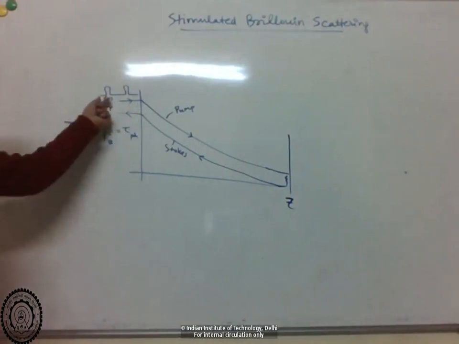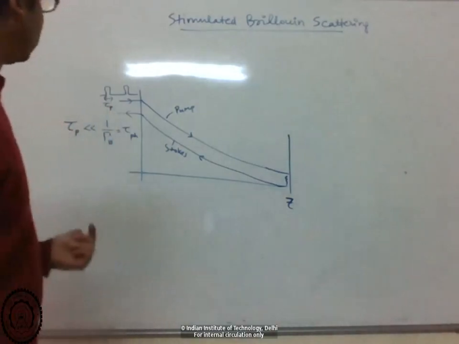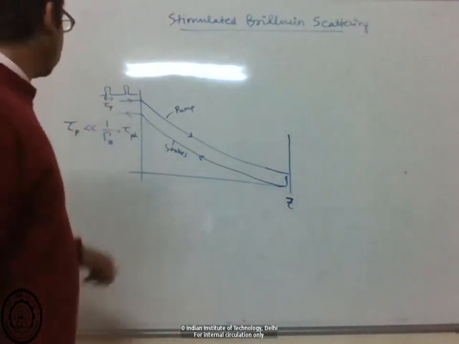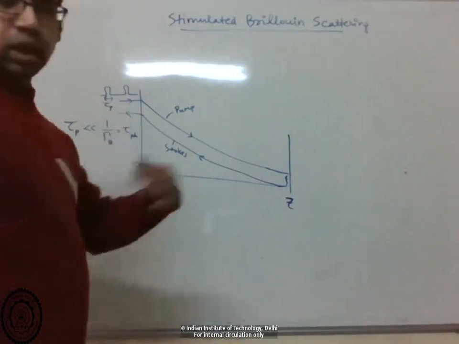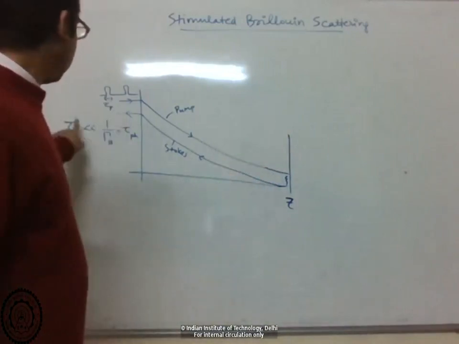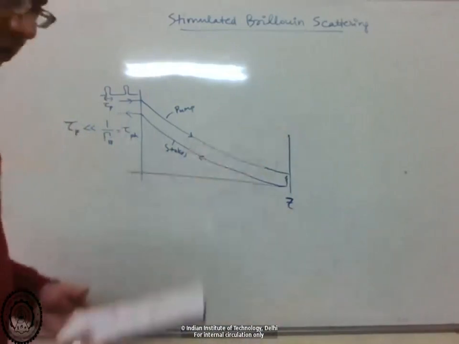So if your pulse width here is much smaller than the phonon lifetime, then we'll see that the effective Brillouin gain goes down. Okay, so you're not allowing the acoustic waves to build up. Right? My optical pulse has disappeared already before the phonon builds up, right?